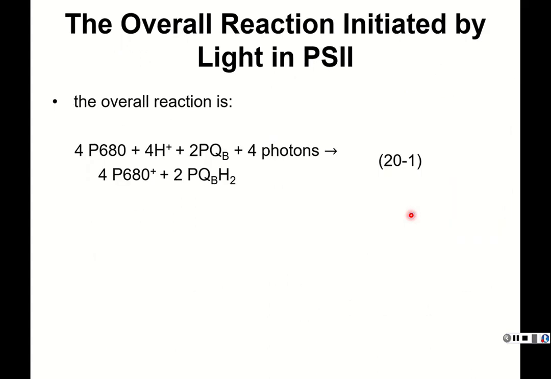The overall reaction initiated by photosystem 2 is shown here. You would have the stoichiometry here. You have 4 P680s. You need to reduce 2 plastoquinone, and that takes 4 photons.